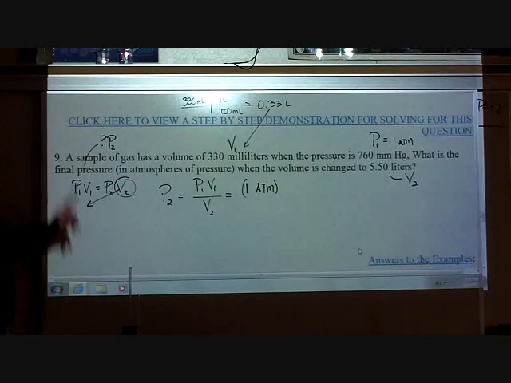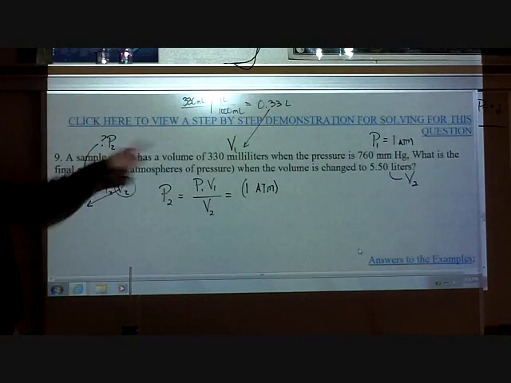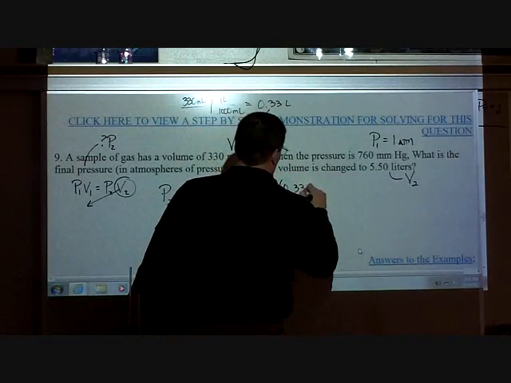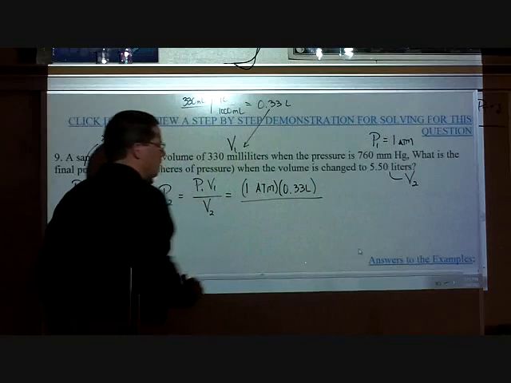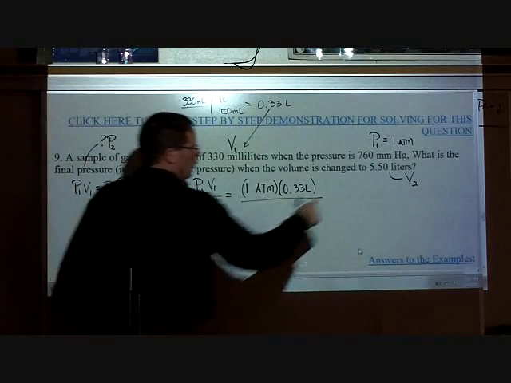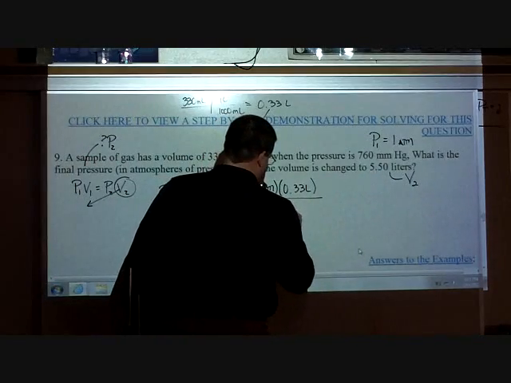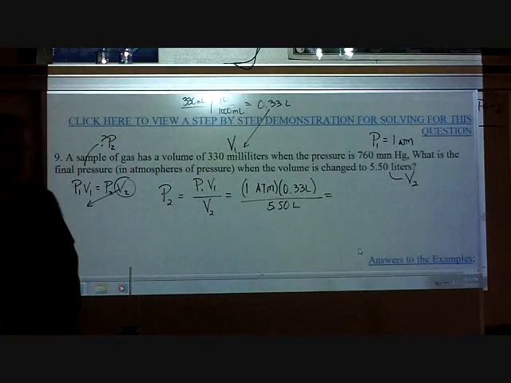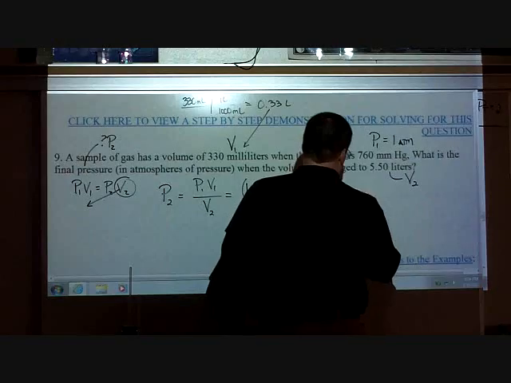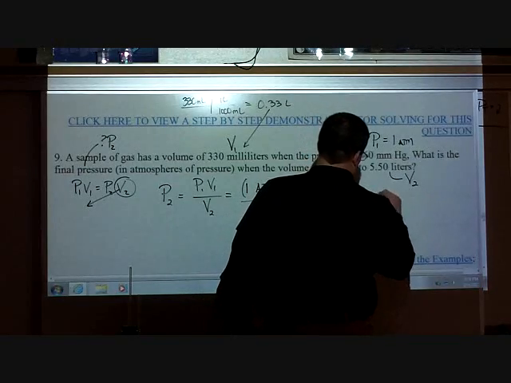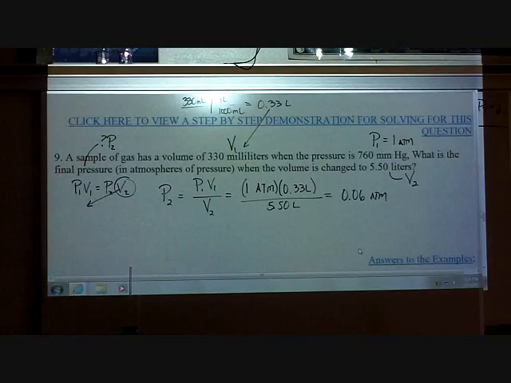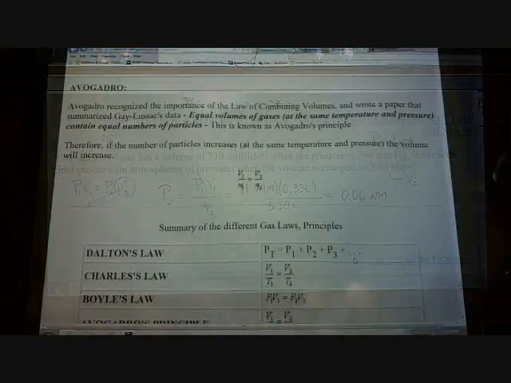Our V1, where's our V1? It's right there. We changed that to liters, so 0.33 liters. And our final volume is 5.5. Anybody get a number for that? 0.06 atmospheres.